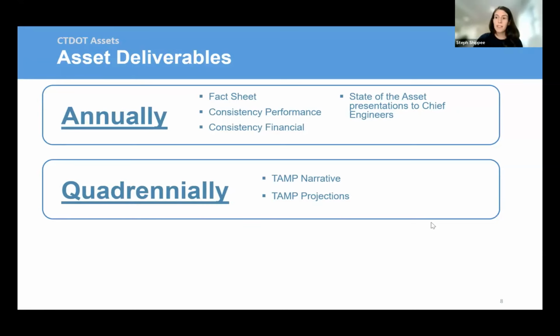That happens every spring as part of our preparation for our consistency determination to FHWA. We also include all of our assets into the TAMP narrative. For example, all 11 assets address the resiliency requirement in 2022.